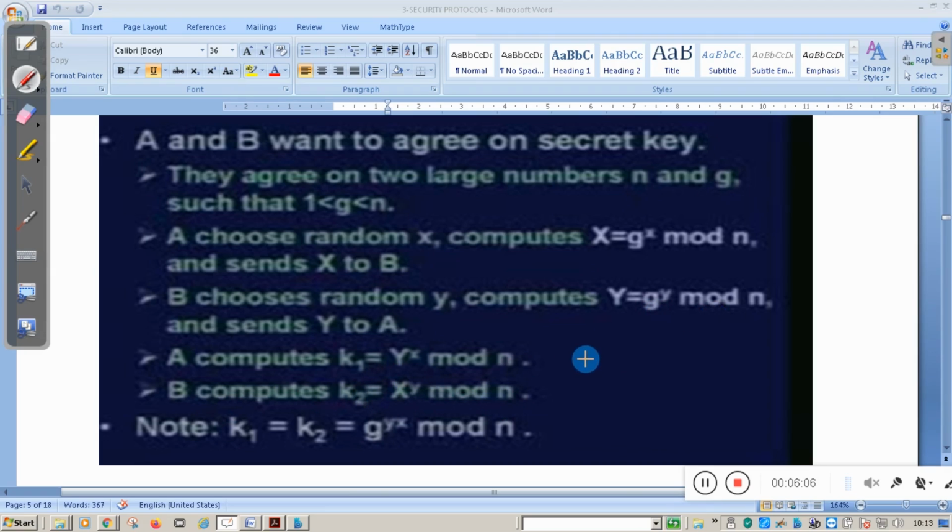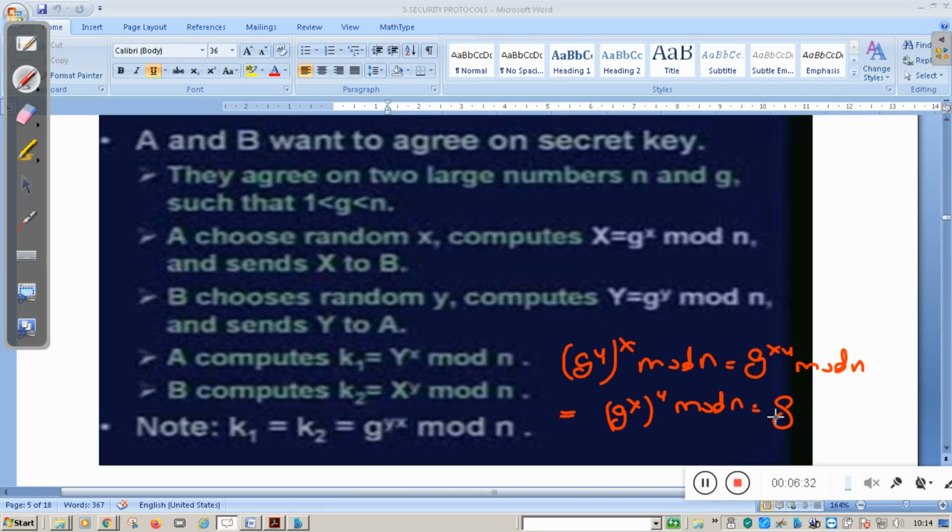So that is g raised to power xy mod n. Ultimately, at the end, both k1 and k2 are the same.